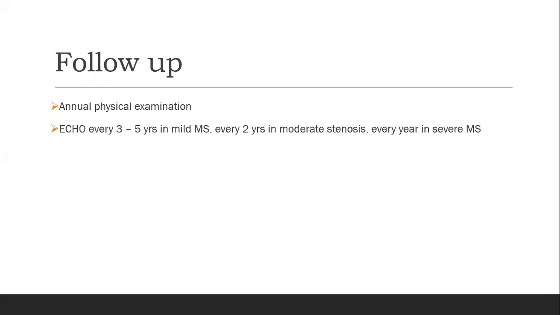Again, the basic thing is, when will you do surgery for a valvular heart disease? The generalization is any symptomatic valvular heart disease patient, we have to do surgery. Any patient who is severe, we have to do surgery. So a severe mitral stenosis, we have to do surgery. A patient who is symptomatic, we have to do surgery.